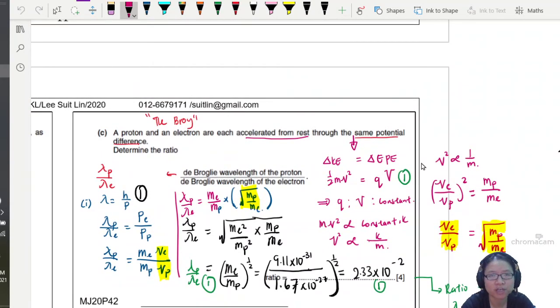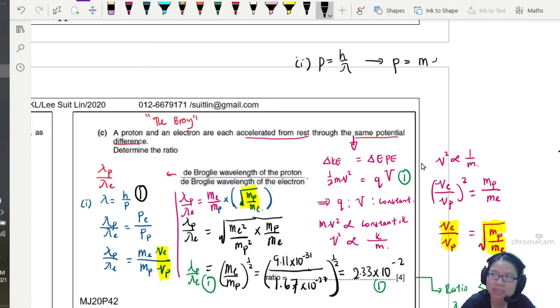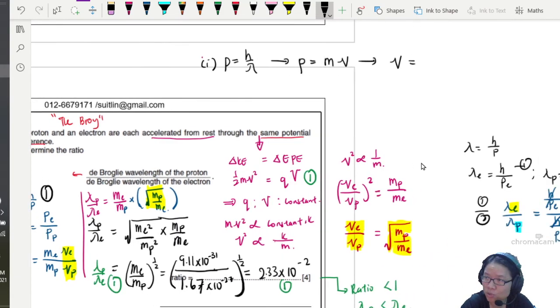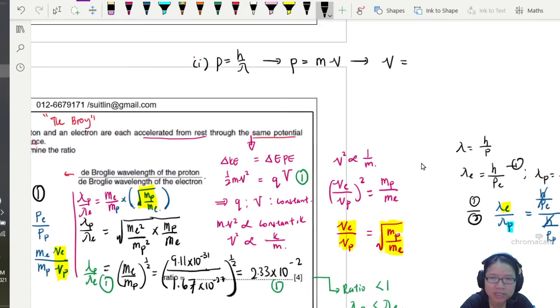There are a few tools you can use. One I list down for you. It may be very overwhelming. Number 1, have you used momentum is h over lambda? Number 2, momentum is mass times velocity. Number 3, velocity is equal to, okay, this one needs to use conservation of energy.